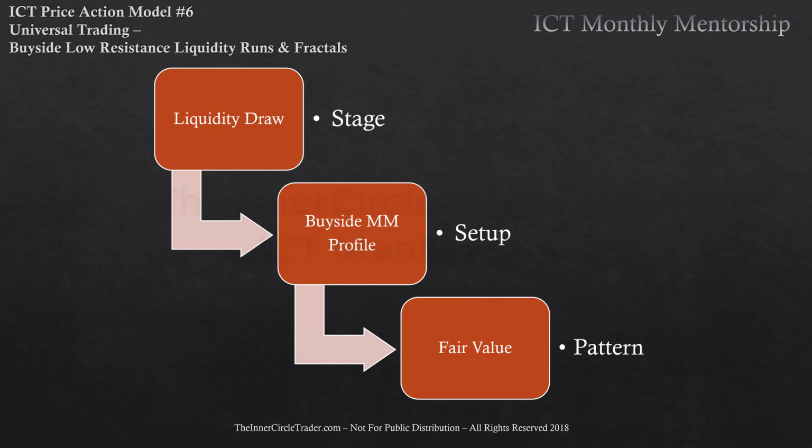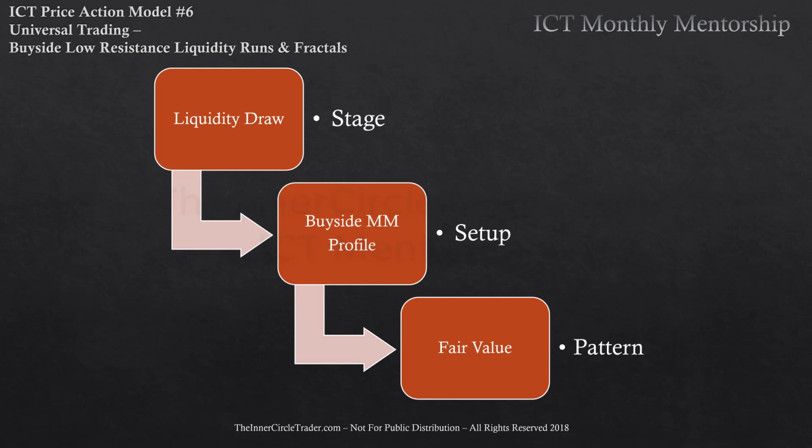Okay, the setup is going to be on your lower time frame behind that. In other words, if we're looking at, for instance, a weekly chart for our liquidity draw or our stage, our setup's going to occur on the daily chart, and our entry pattern will be found on the 4-hour.